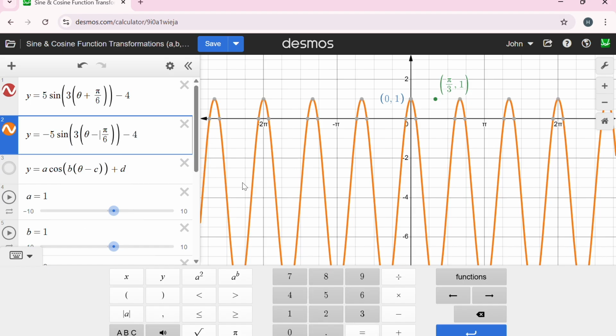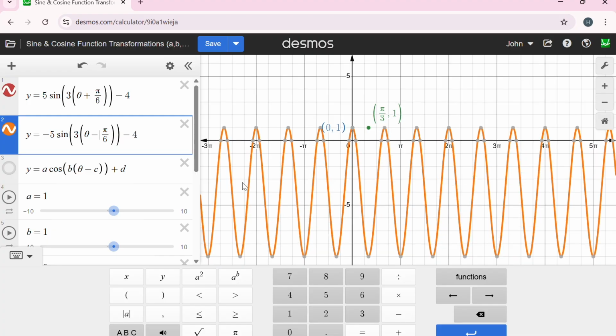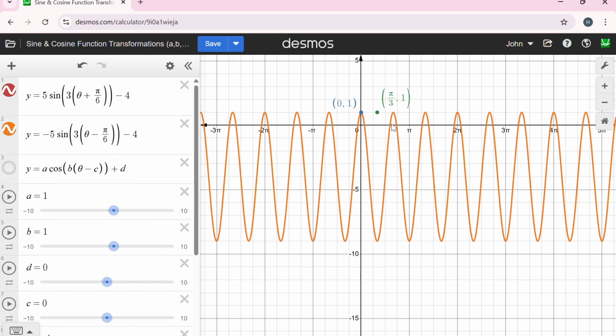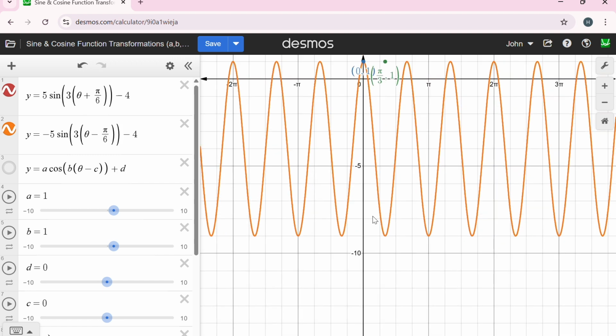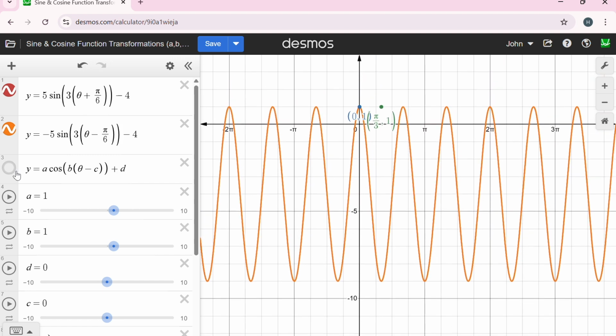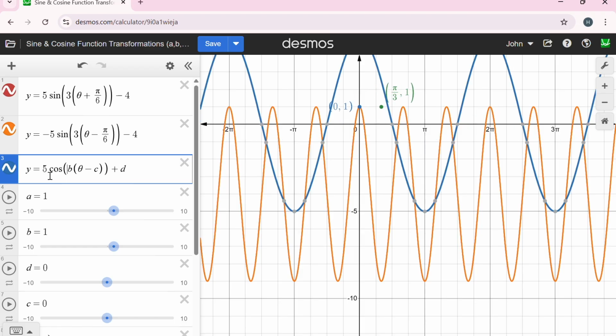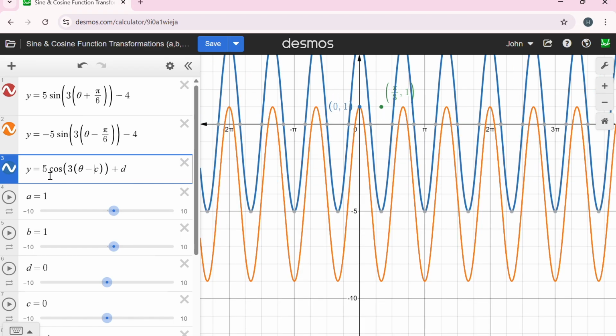For the second one, when we do cosine, folks, okay, let me turn on the cosine here. The A value is 5, we're not changing that. The B value is 3, we're not changing that.